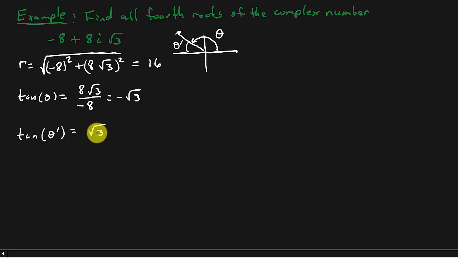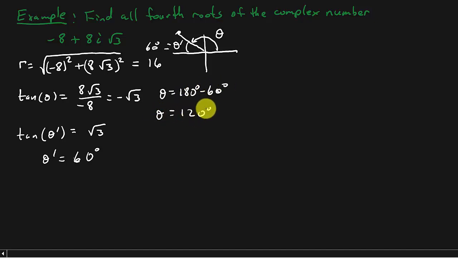We set it equal to positive square root of 3. So my reference angle, well, that's 60 degrees. Let's just do this one in degrees. So this is 60, and so I get theta is equal to 180 minus 60, so theta is 120 degrees.